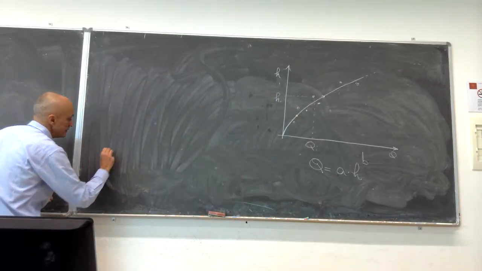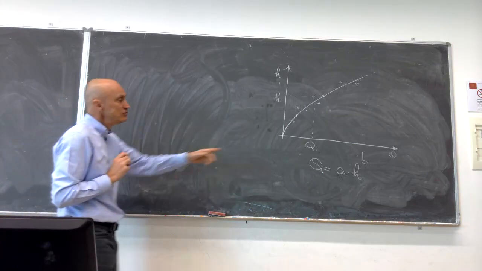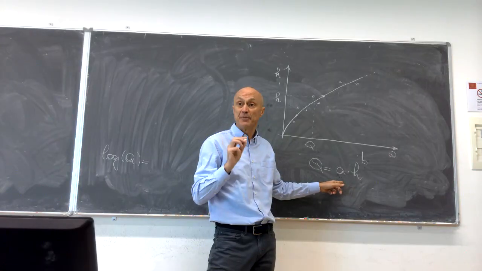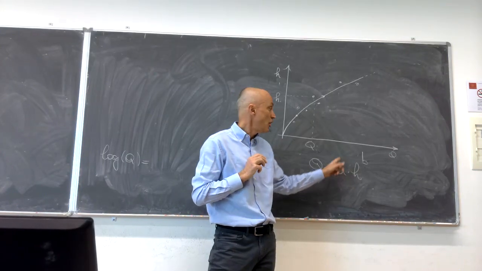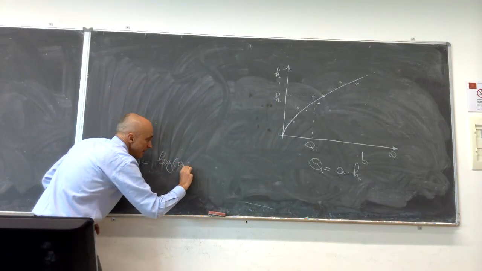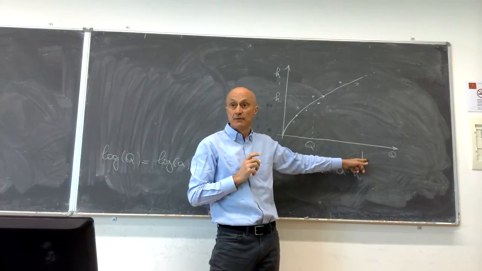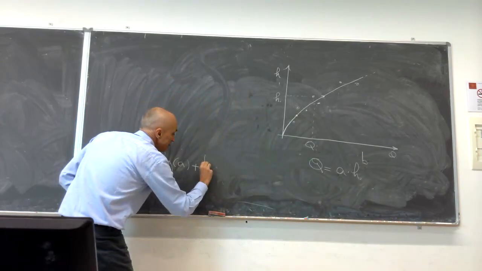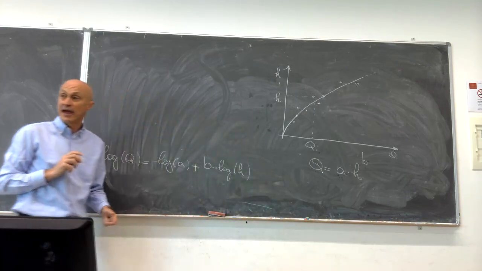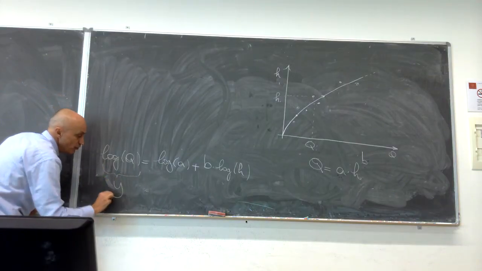And due to the properties of logs, log of this quantity is log of A plus log of H to the power of B. But H to the power of B can be written B times log of H. Okay? So if this is now the dependent variable y, and this is the independent variable x, this is a linear equation between y and x.